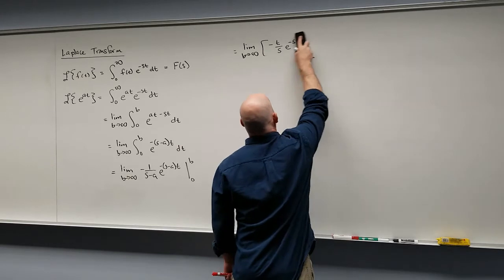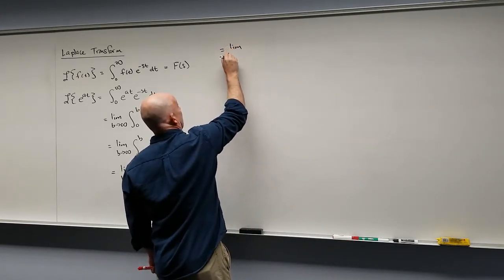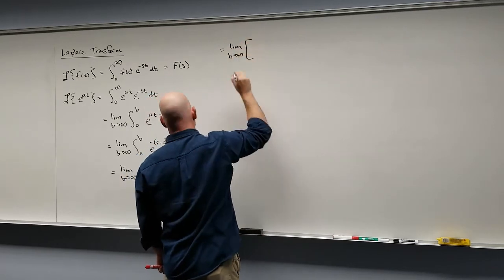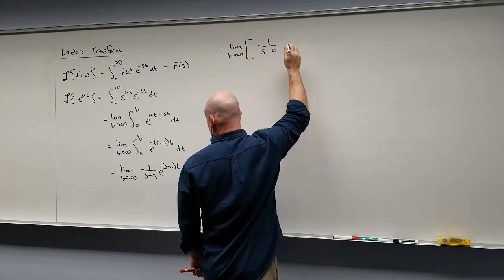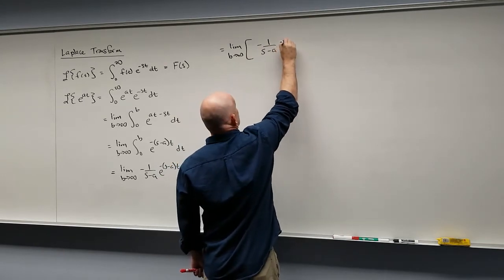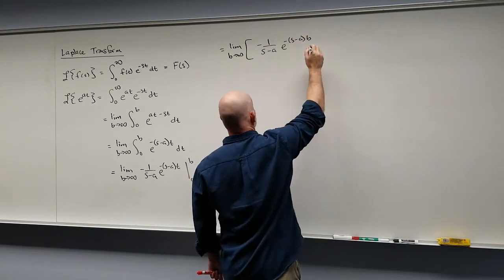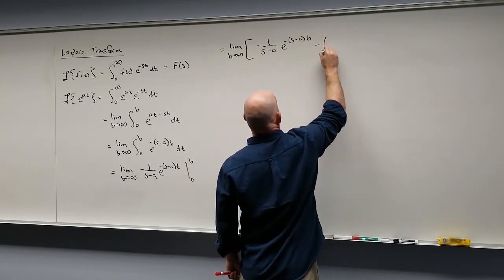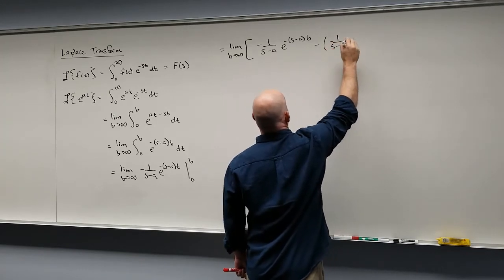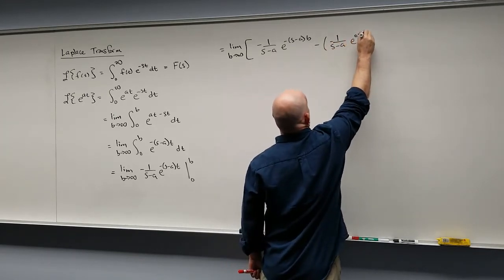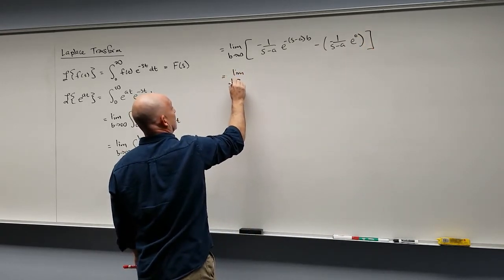Again, top endpoint minus our bottom endpoint. So it's the limit as b goes to infinity of negative 1 over s minus a, e to the negative (s minus a)b, minus negative 1 over s minus a, e to the 0.